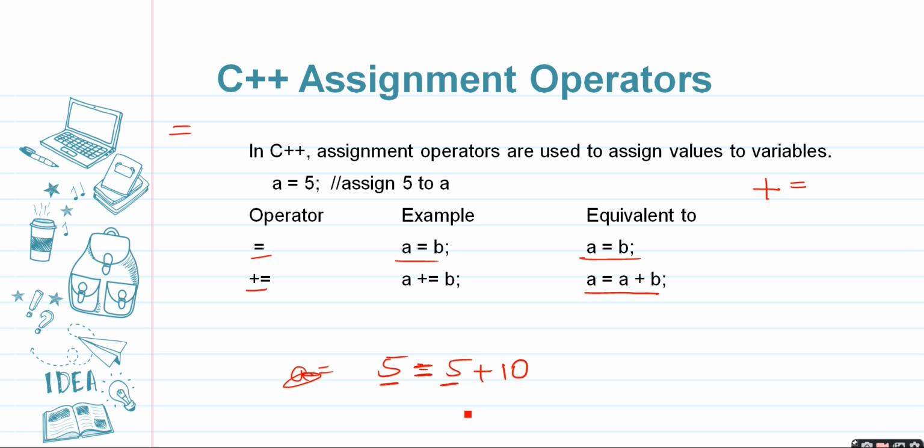Instead of writing this 5 two times, what I can do is a plus equals 10, which basically means this 5 is going to be summed with 10, and then it is going to give the value of the sum.